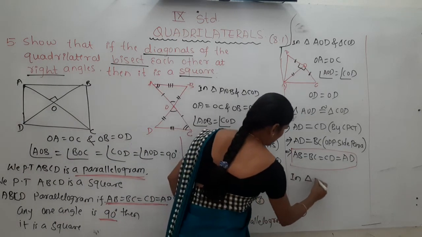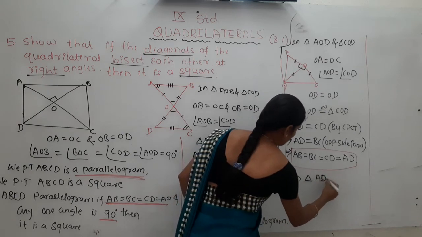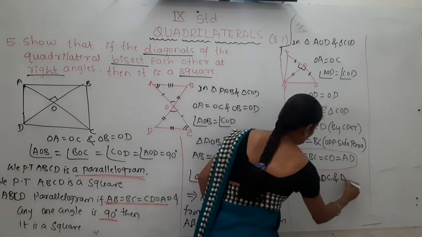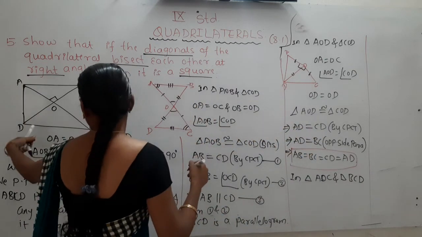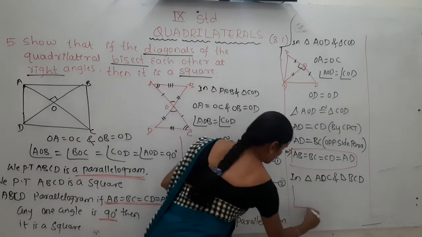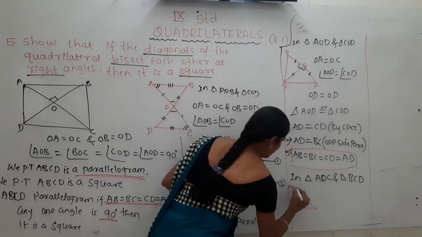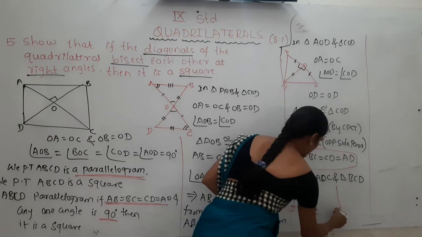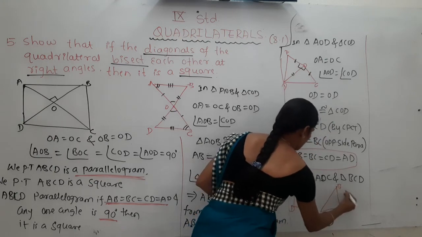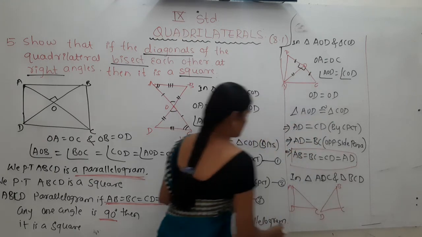In triangle ABC and triangle BCD, what are those two? This is a right angle ABC, and one more triangle BCD.